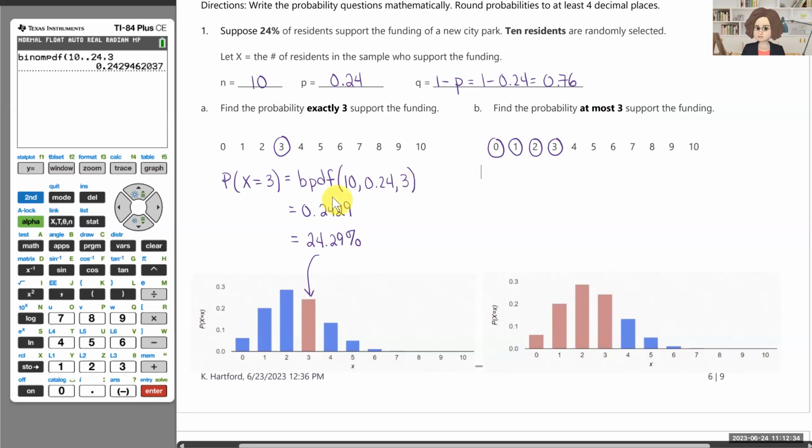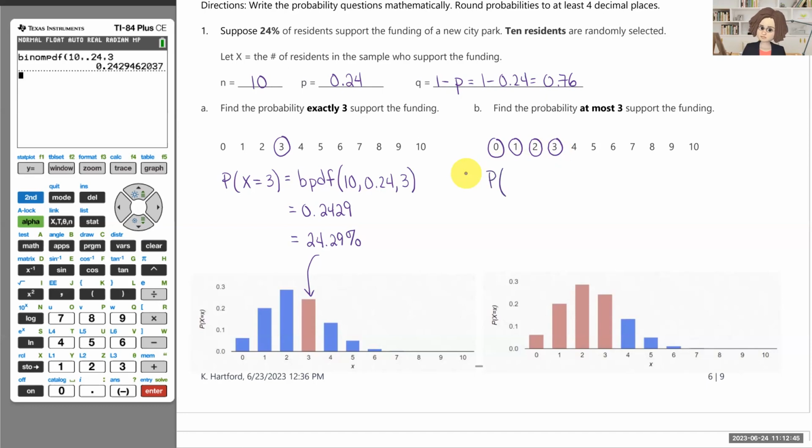We could do binompdf for each one separately and then add those probabilities, or the quicker way here is to say that if we want the number of successes X to be at most 3, that's less than or equal to 3, the calculator can add the probabilities for us if we use our binomcdf, so cumulative function.